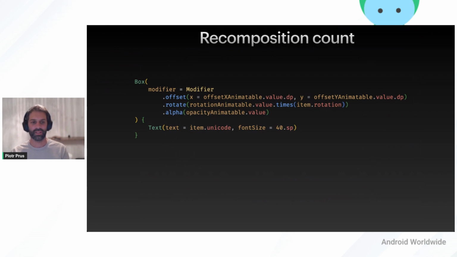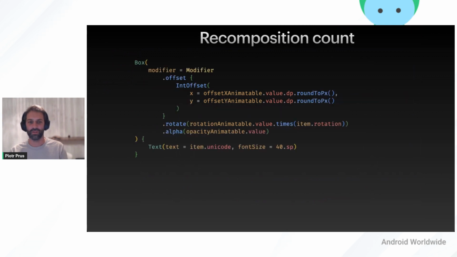So in our case, the offset function that we have here, rotate and alpha, can be changed to the offset lambda function. Now we are just introducing IntOffset and providing the x and y value.